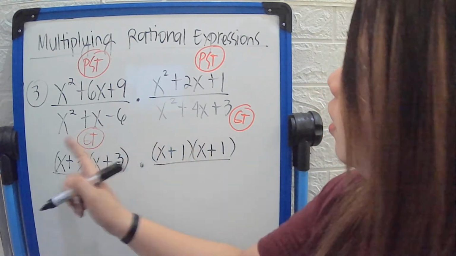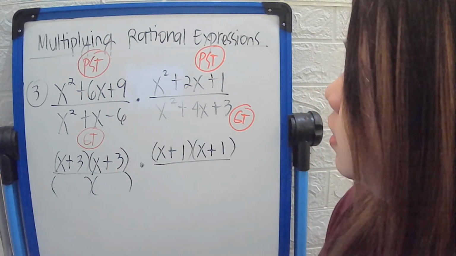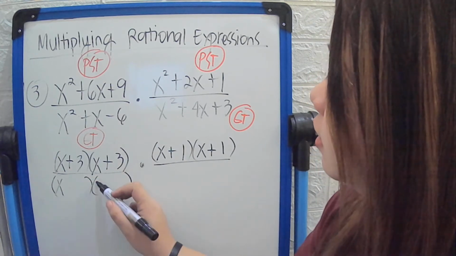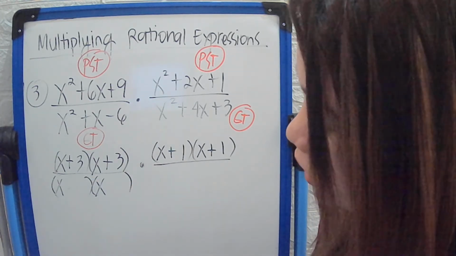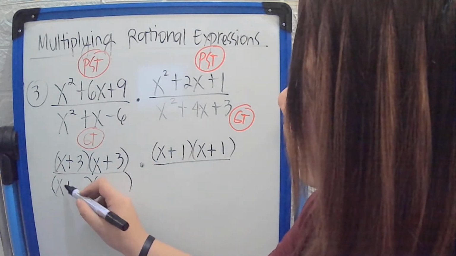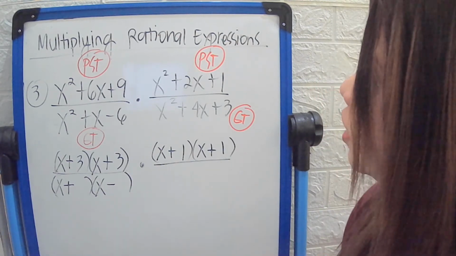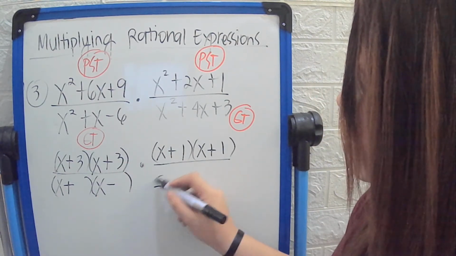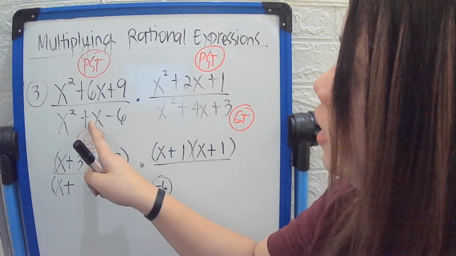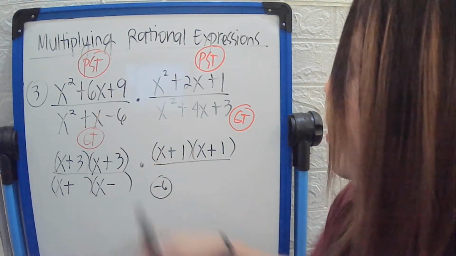For the denominators, we apply GT. So we put pairs of parentheses. Then factors of x squared, we have x. Since your last term here is negative, we must have a positive number and a negative on this part. So let us look for factors of negative 6 that when added should be positive 1, because your middle term here has a numerical coefficient of positive 1.